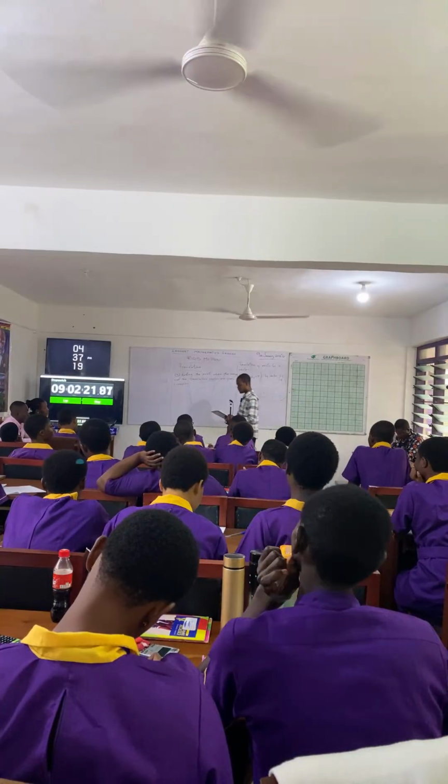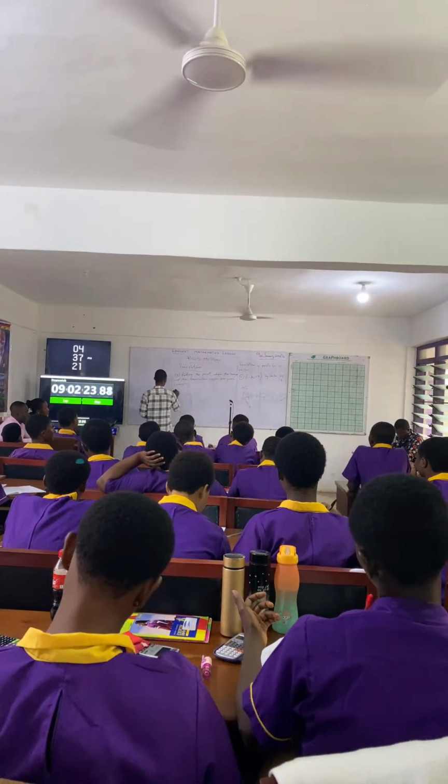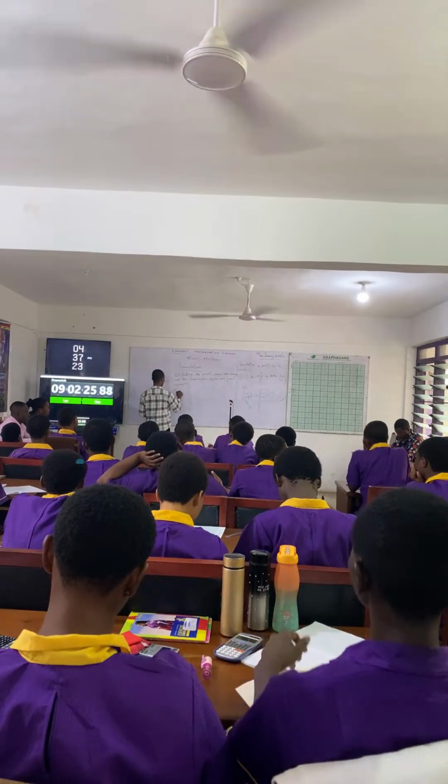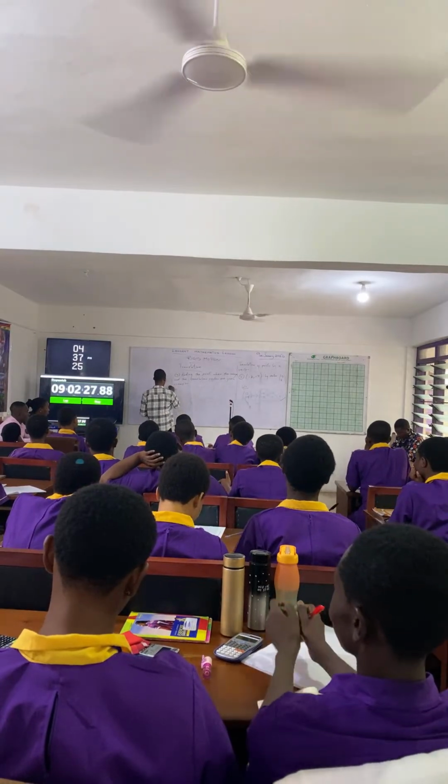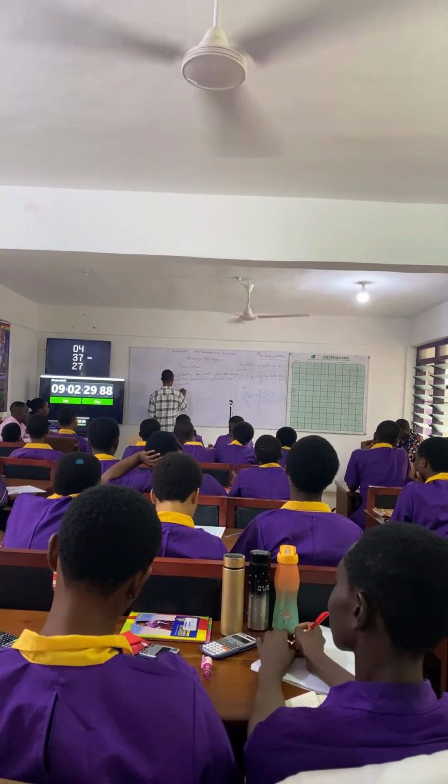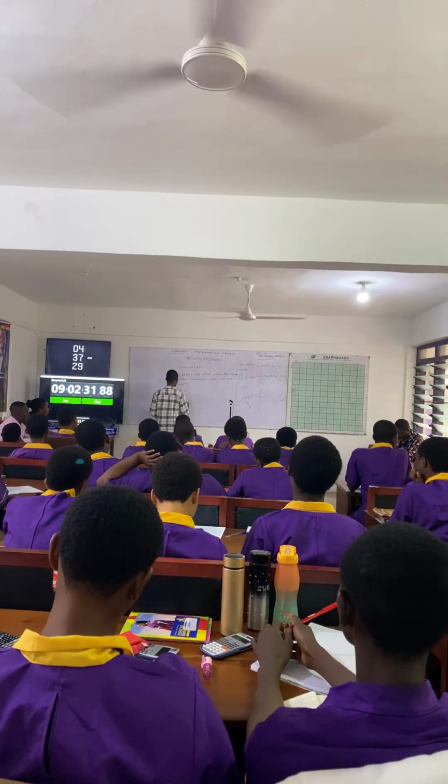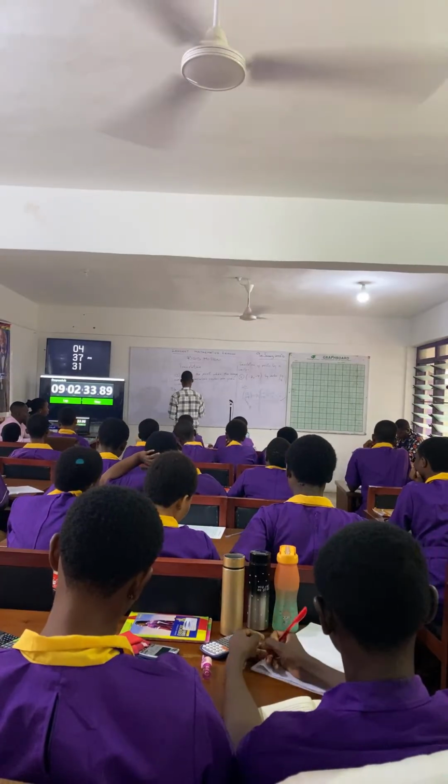And now we can also apply this rule. So we have the first question. The image of point P is given as 4, 6.